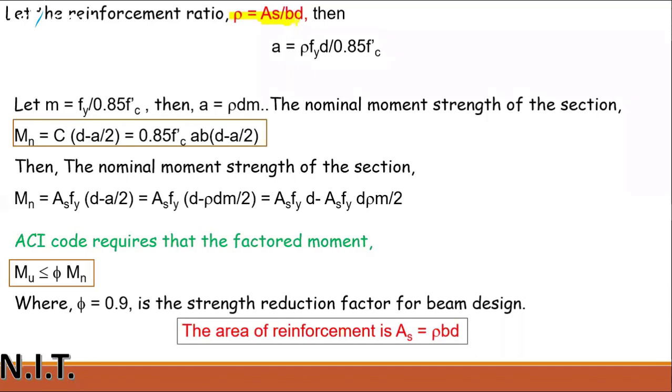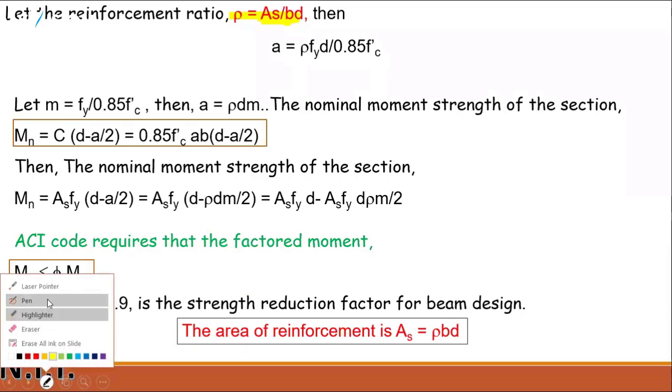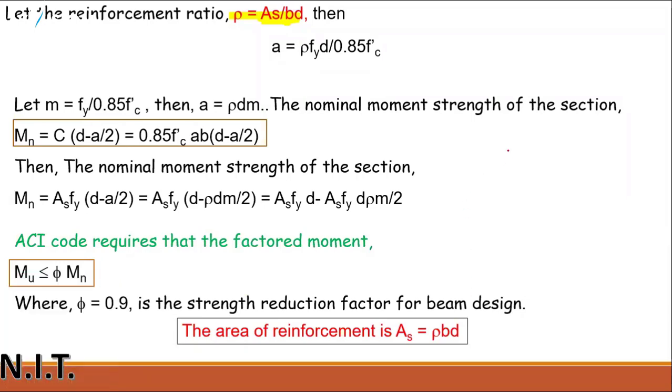And I will explain what effective depth means, or even I can show you right now. For example, this is a beam cross section. This is your steel. From the center of this steel to the top surface, this distance is called small d.